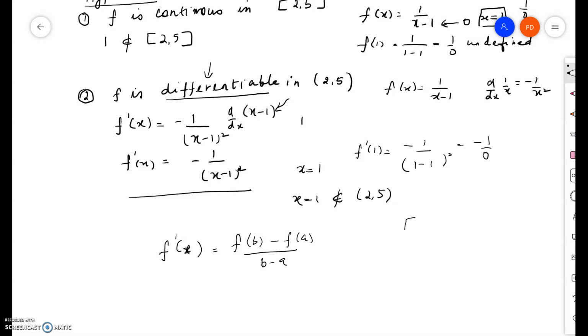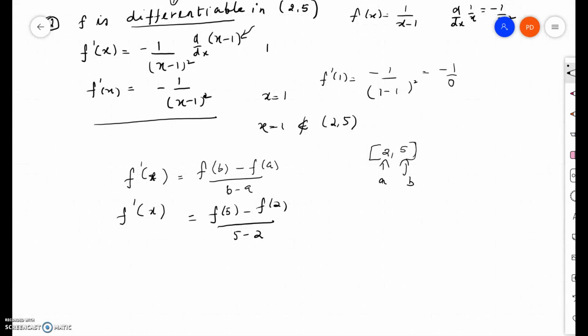So in this case, our endpoints a and b are 2 and 5. So this is our a and this is our b. So we know that there is a point x in the interval, at least one, such that f prime of x is equal to f of 5 minus f of 2 divided by 5 minus 2.